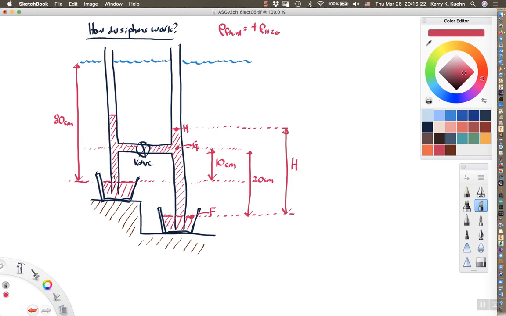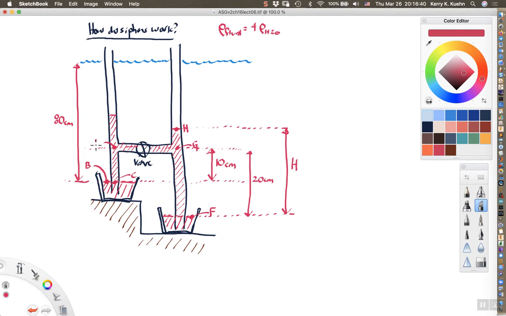Let's call this point right in here point C. We'll call this point right here point B. We'll call this point right here point D, you'll see why I'm doing this in a minute.